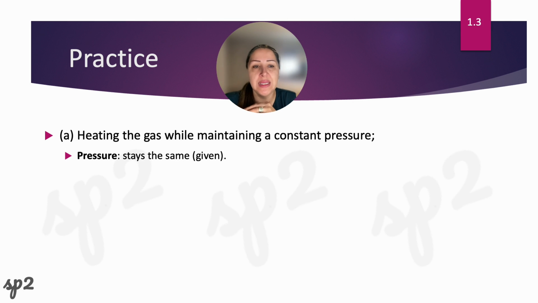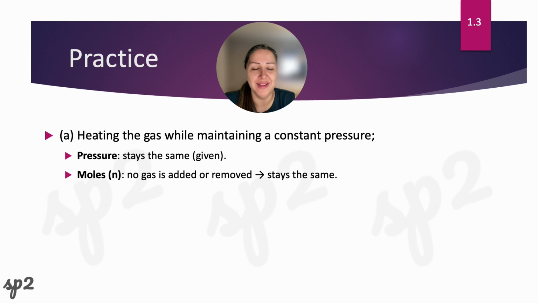Okay, so A says heating the gas while maintaining a constant pressure. Heating the gas means your temperature is going up, but you're maintaining your pressure. It says that we have a constant pressure, so the pressure has to stay the same. The number of moles of the gas is also going to stay the same because we're not adding or removing any gas.